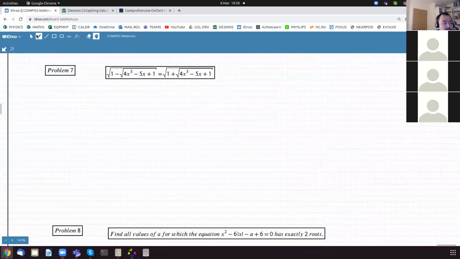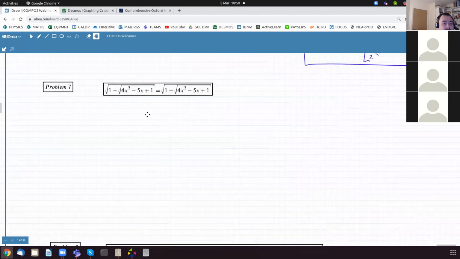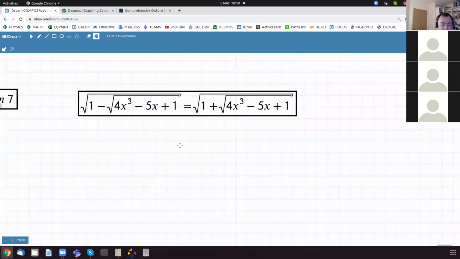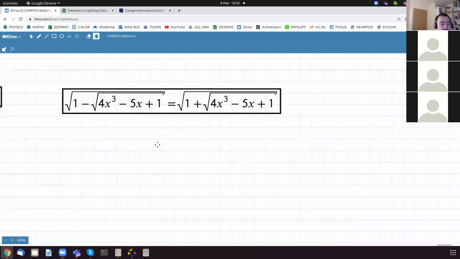Problem 7. So you have this square root thingy. Well, it's quite hard to find the allowed regions here. Obviously, first of all, you have to say that 4x cubed minus 5x plus 1 has to be greater or equal to 0 because it's under the square root.